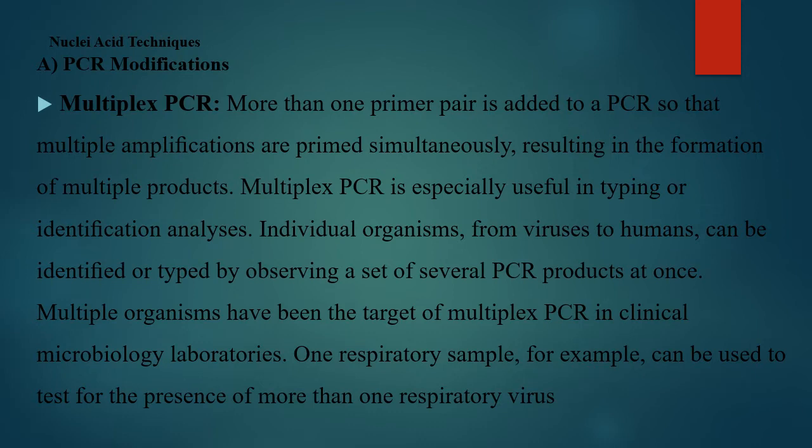Now, multiple organisms have been the target of multiplex PCR in clinical microbiology laboratories. So one respiratory sample, for example, can be used to test for the presence of more than one respiratory virus. So someone has a respiratory infection, we will not just zoom in looking at a single organism, but we'll look at all the possible respiratory organisms that can cause that infection.